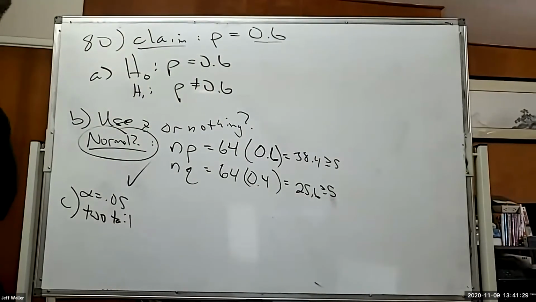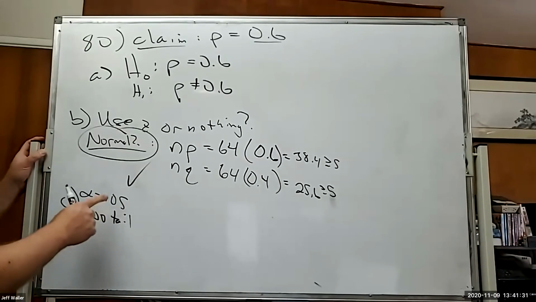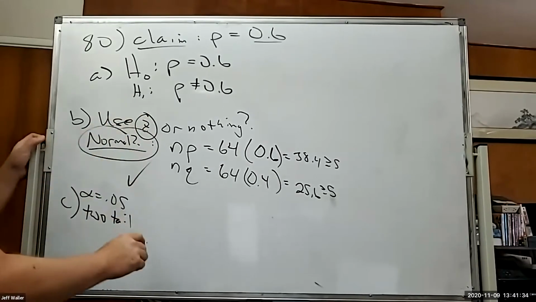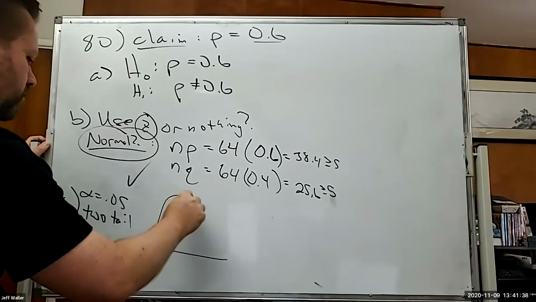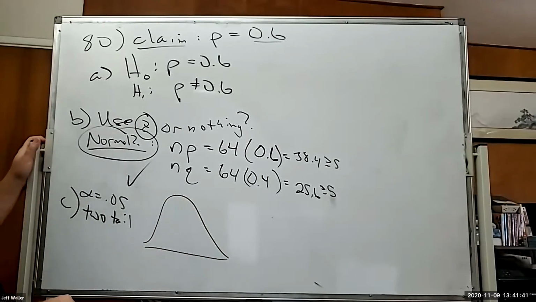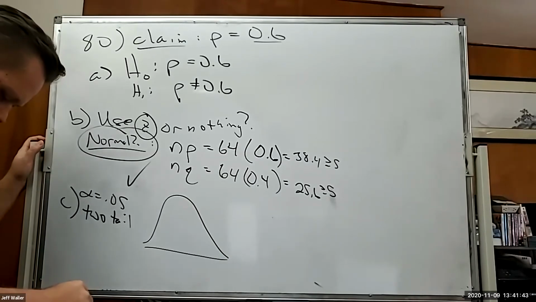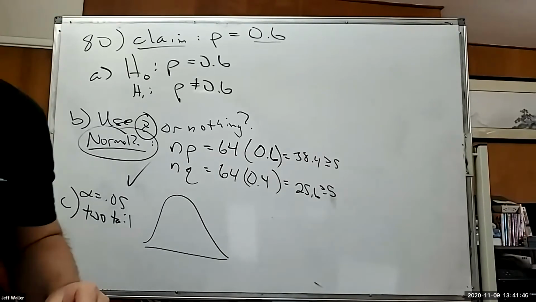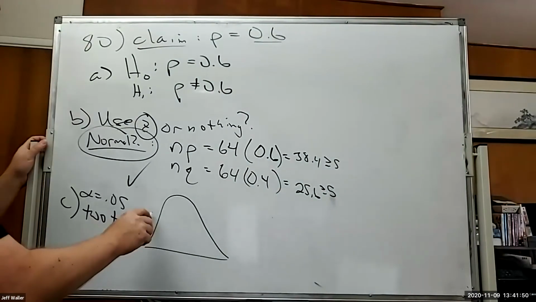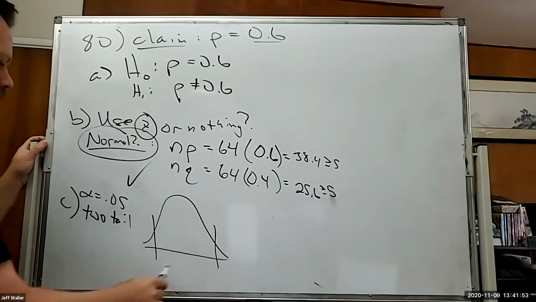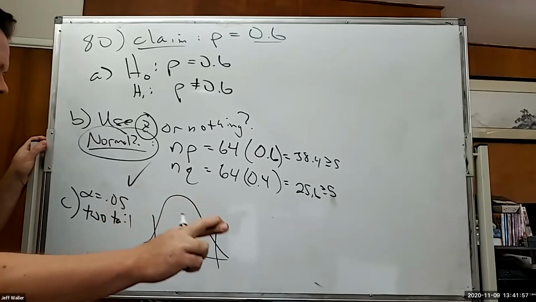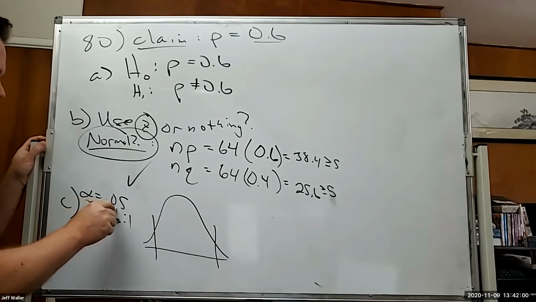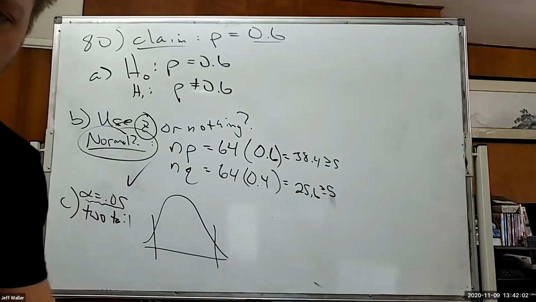All right. So it's a two-tailed test, 0.05. We're using z-scores. Can somebody tell me what the rejection region will look like? Two-tail, 0.05. So this actually mimics what we considered unusual before.